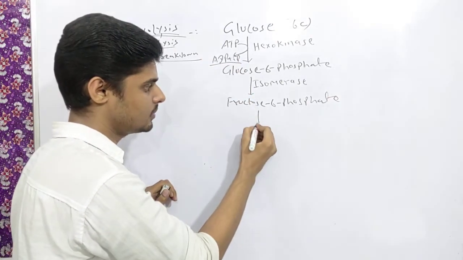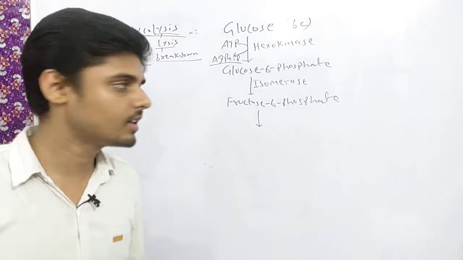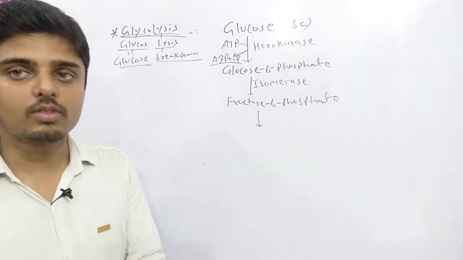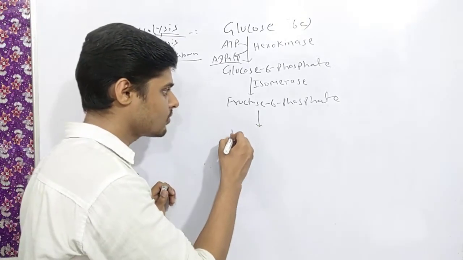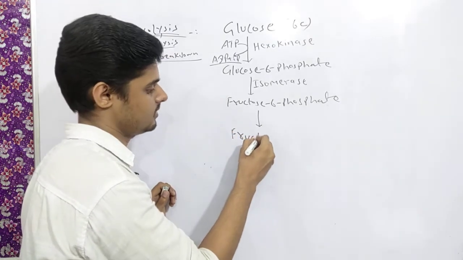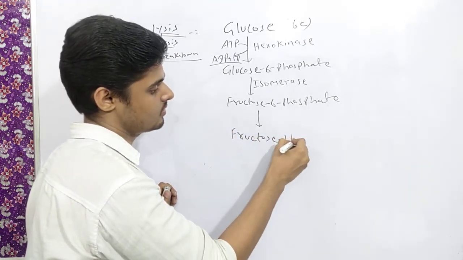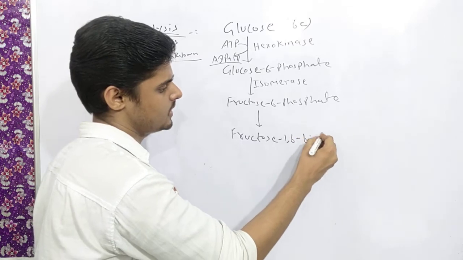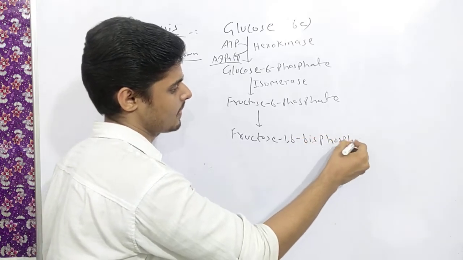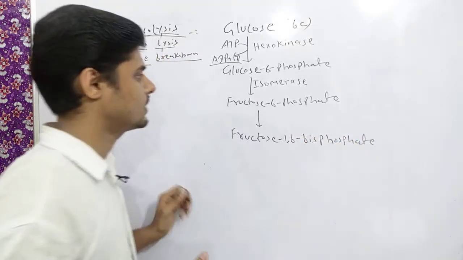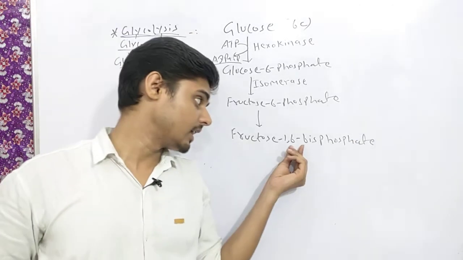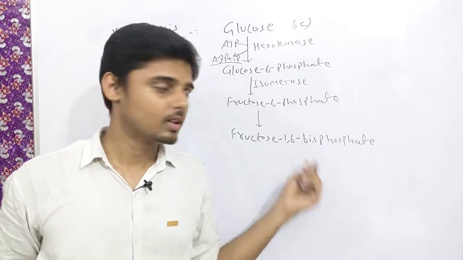In the third step, this fructose 6-phosphate is converted into fructose 1,6-bisphosphate. Where does another phosphate come from?